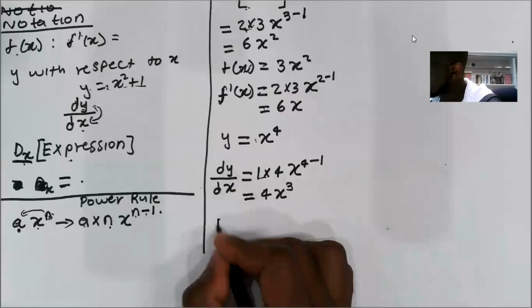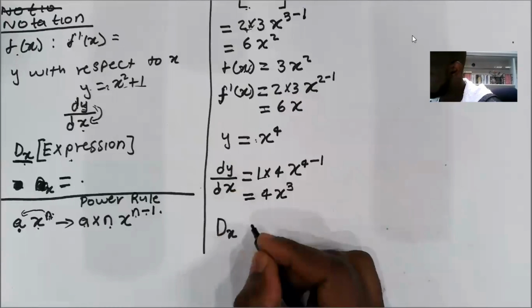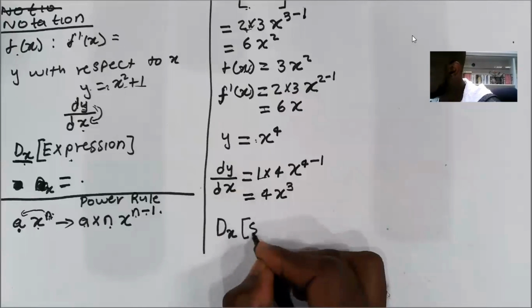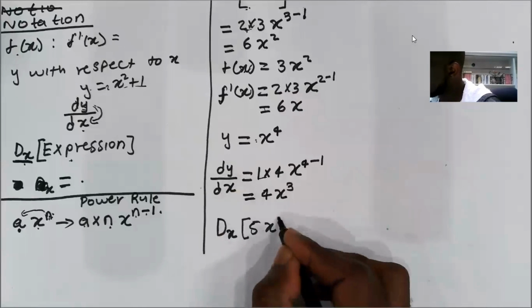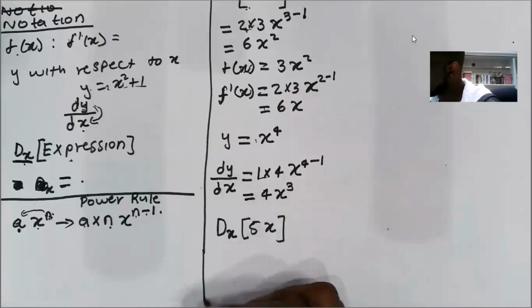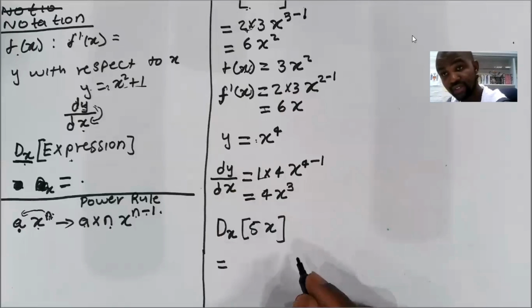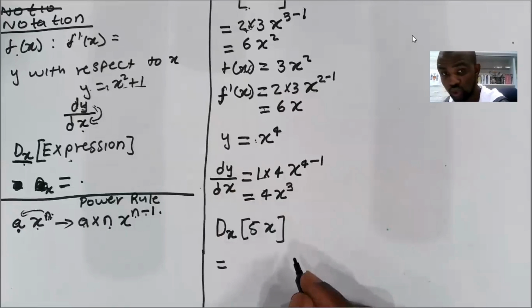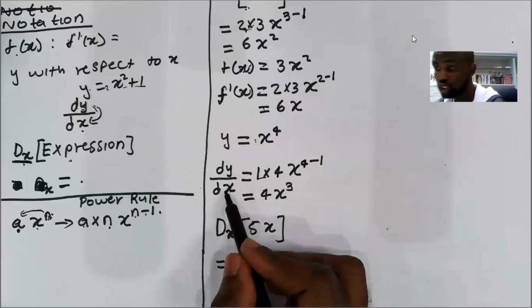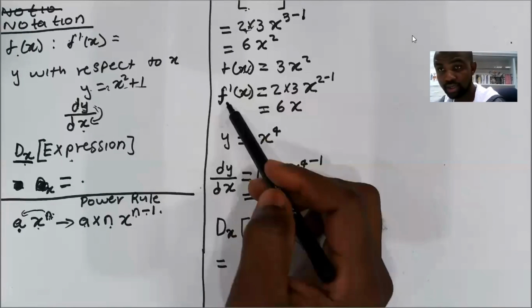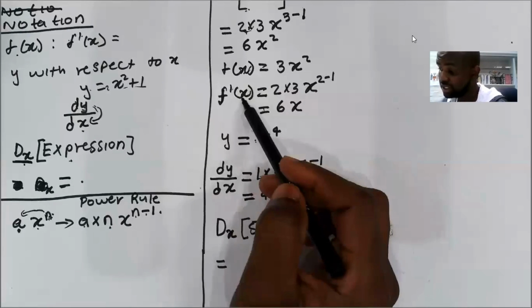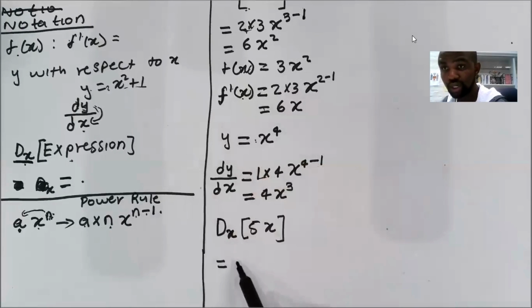We have dx into 5x. Let's derive. If you are deriving dx, you don't have to write this notation like f of x or f prime x. Most of the time when we derive in dx, you don't have to do it like that.